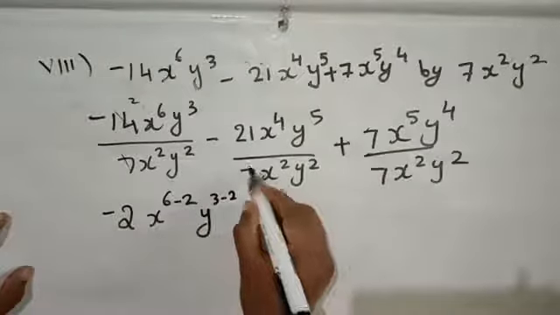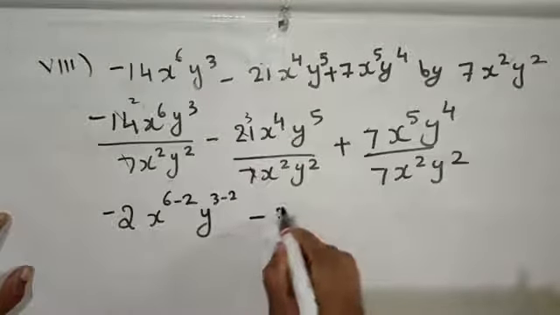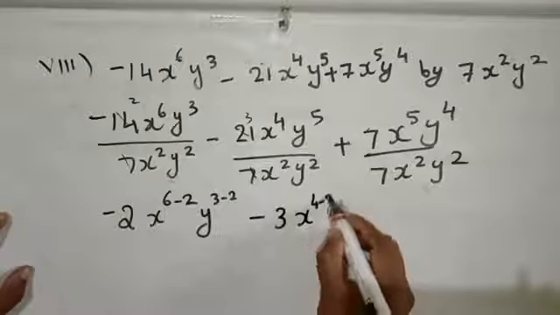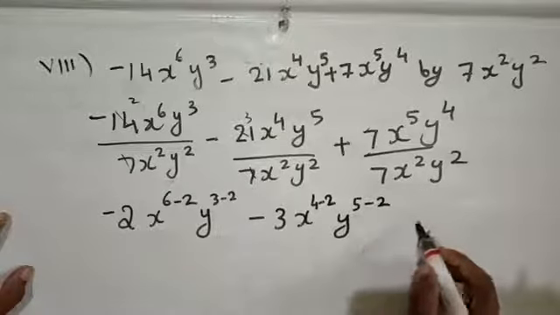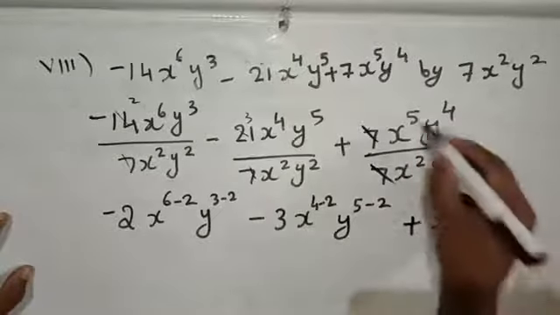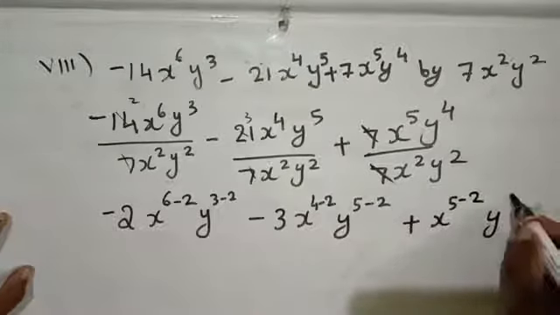Okay, again 1 7s are 7, 3 7s are 21. So minus 3. X raised to 4 minus 2. A raised to m by a raised to n is a raised to m minus n. Y raised to 5 minus 2. Plus, 7 7 get cancelled. X raised to 5 minus 2, y raised to 4 minus 2.